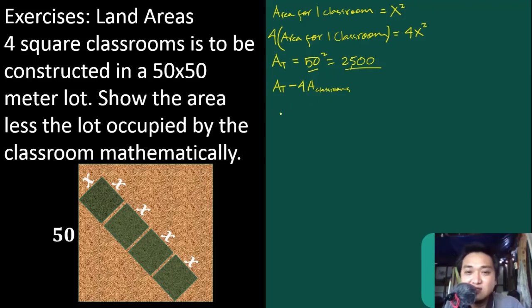Therefore, for the mathematical representation, let us just substitute for these. So you have 50 squared minus 4x squared. So the mathematical representation of the area less the area occupied by the 4 classrooms is 50 squared minus 4x squared. That's the answer.